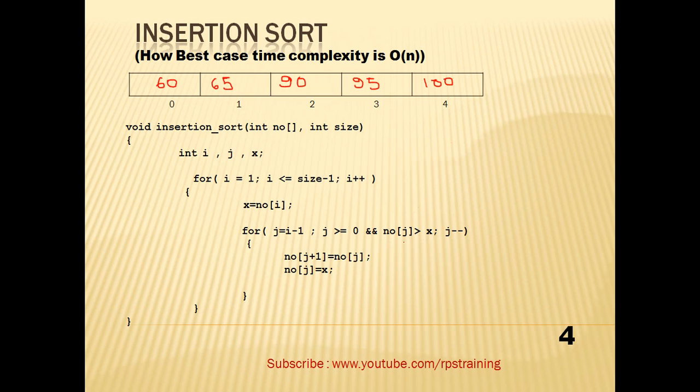Each time this condition will be false, and if the condition is false in this loop, then the inner loop will not execute every time. So only the outer loop will execute. So only n comparisons, that is i will continue, so the time complexity will be big O n.